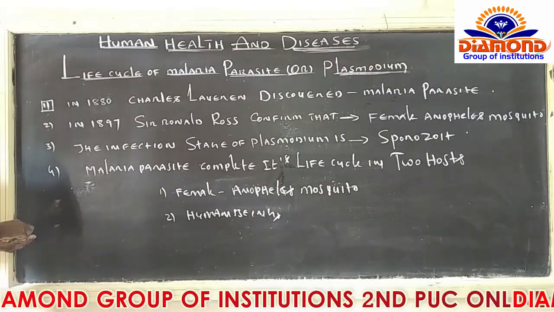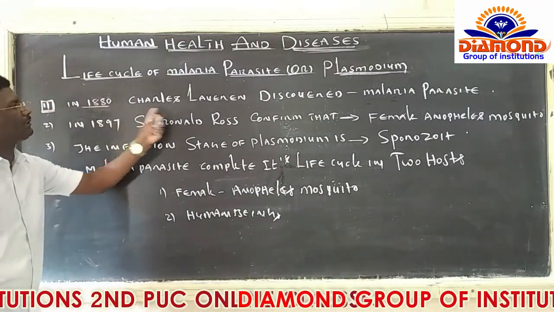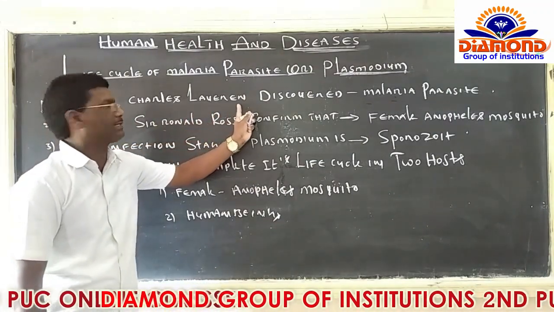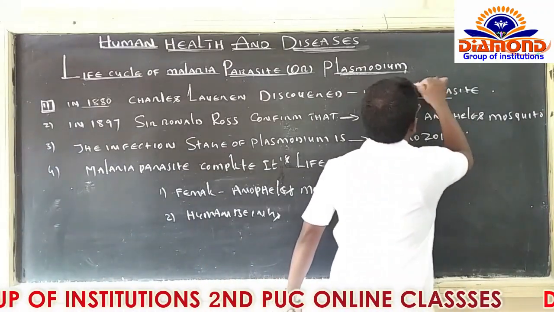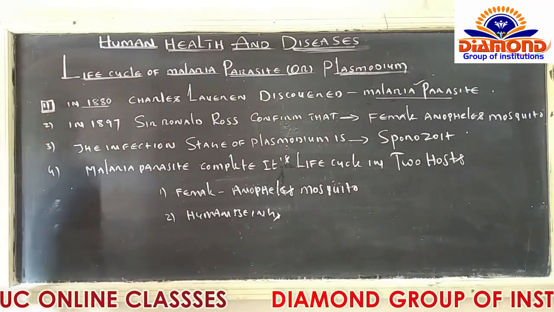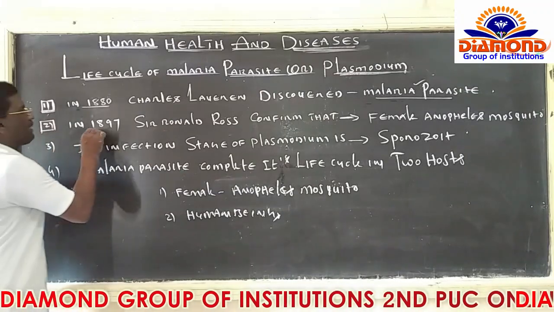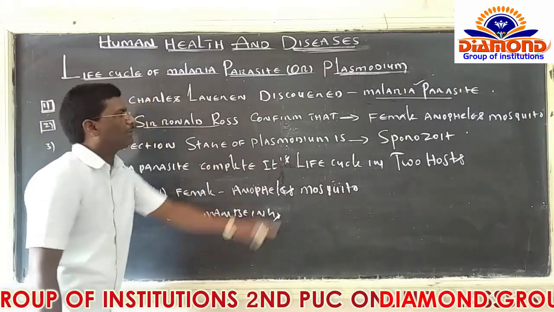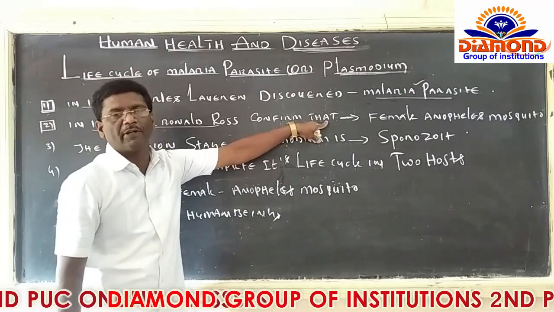The first point is, in the year 1880, Charles Lawrence, a French scientist, discovered for the first time the malaria parasite. Malaria parasite means Plasmodium. And the second point is, in 1897, Sir Ronald Ross confirmed that malaria is transmitted by the female Anopheles mosquito.